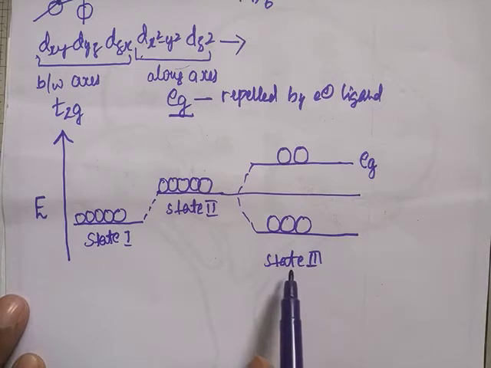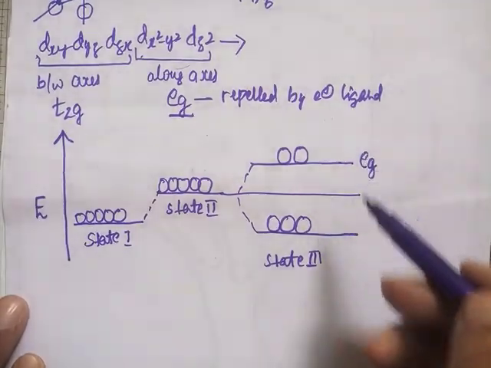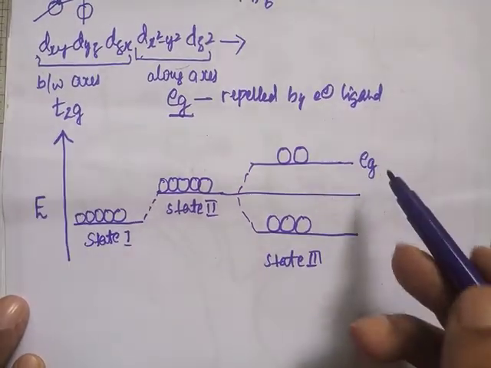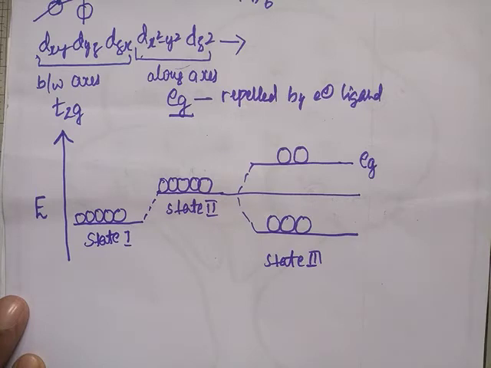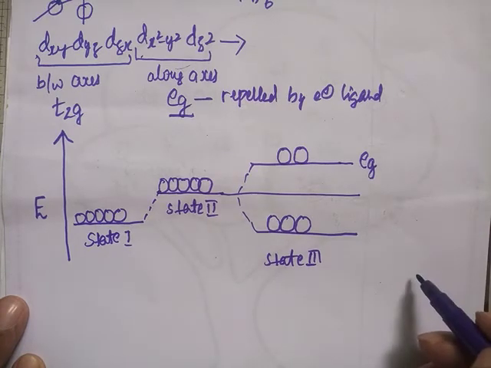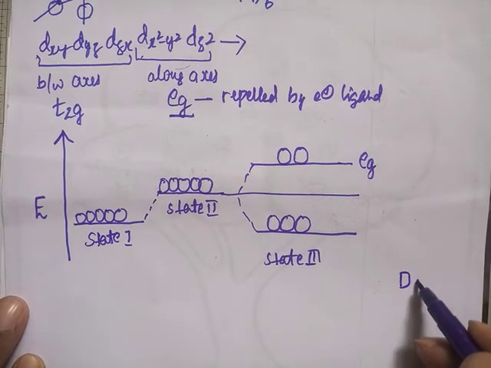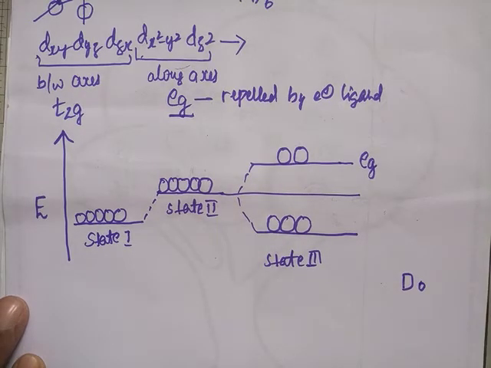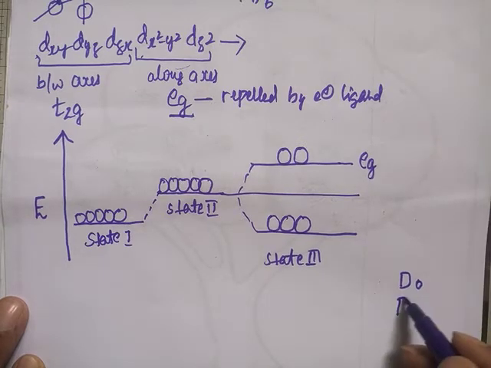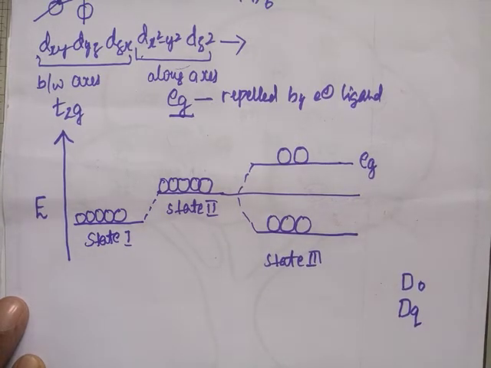The crystal field splitting is measured in terms of the energy difference between the T2g and Eg orbitals, and it is denoted by the symbol delta naught. It is generally measured in terms of a parameter called Dq, that is the differential of quanta.